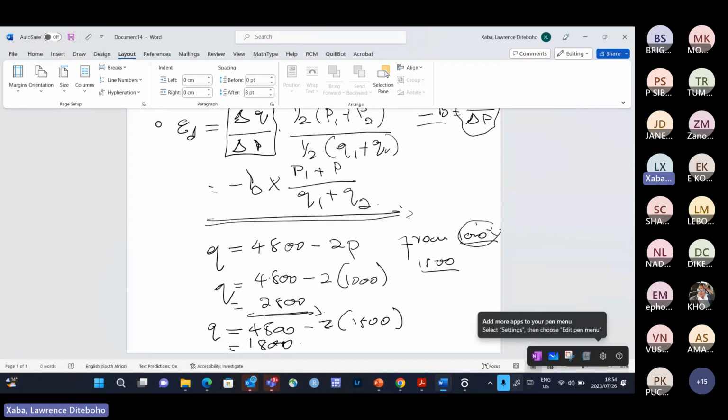So we have 2,800 and 1,800. That will represent our Q1 and Q2. We also have given values of our P1 and P2. So what do we do now? We just take these two values, which represent our prices, and these two values that represent our quantities.